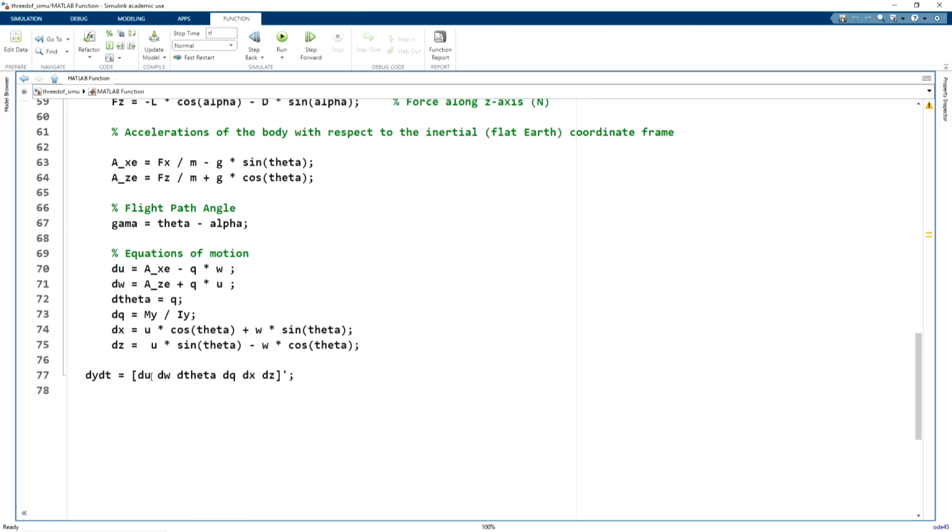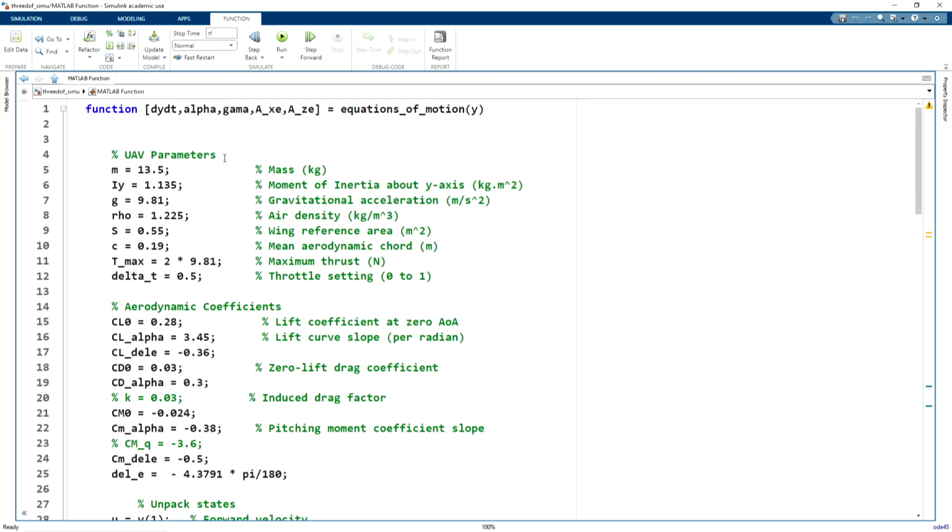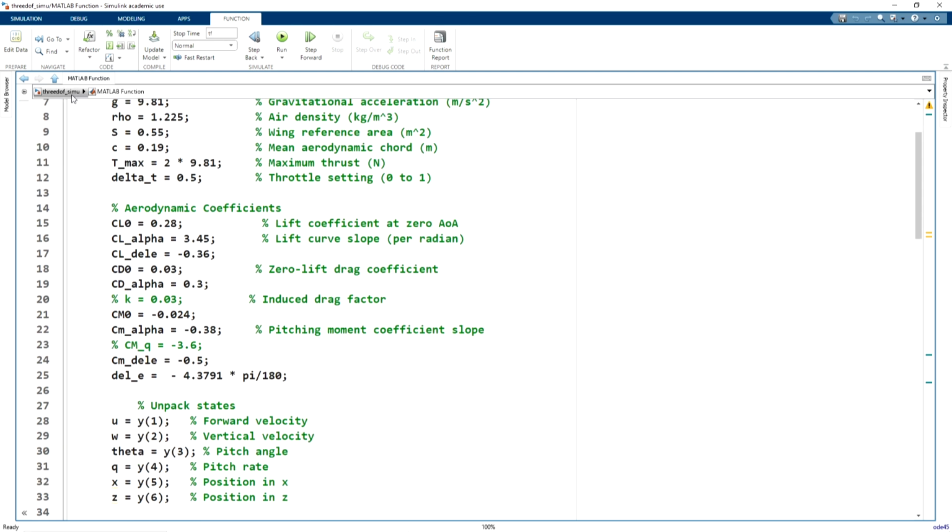So we have output vector u dot, w dot, theta dot, q dot, x dot and z dot, and it is up to me what other outputs I want from here. I want output alpha, I want output gamma, similarly AXE, accelerations in XE direction, similarly AZE. All right, everything remains the same.